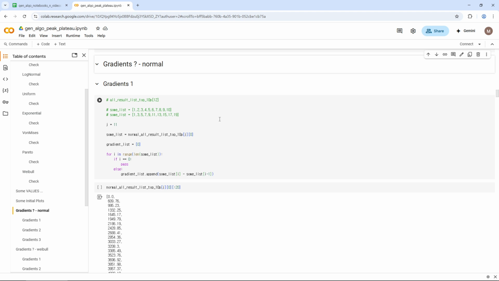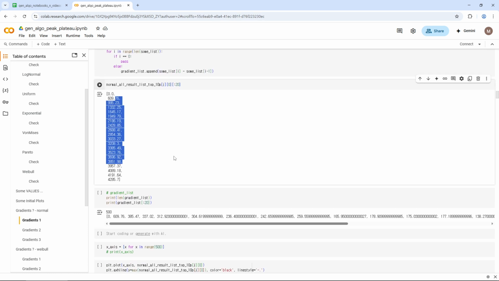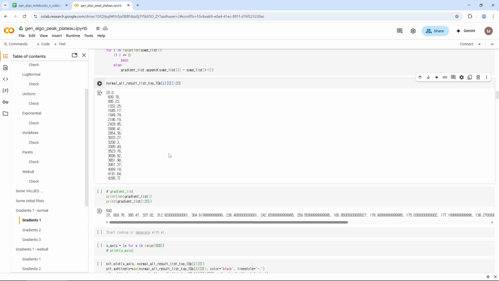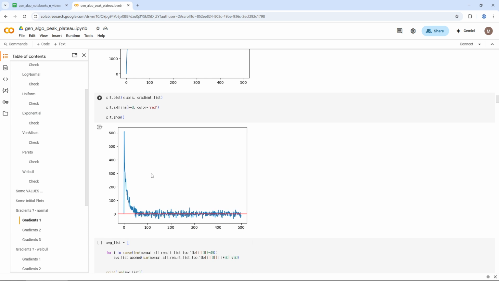So in a list of 500 elements, you would have 499 gradients, and that's what this looks like. Well, actually this is what the gradients look like, and if we plot it, it looks like this.